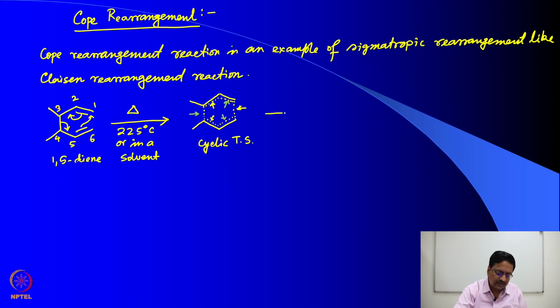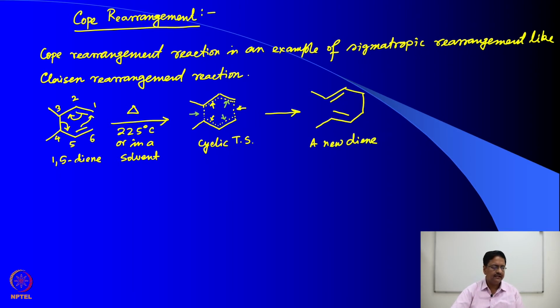So, what should be the product? The product should be this one, a new diene after the corresponding rearrangement reaction.